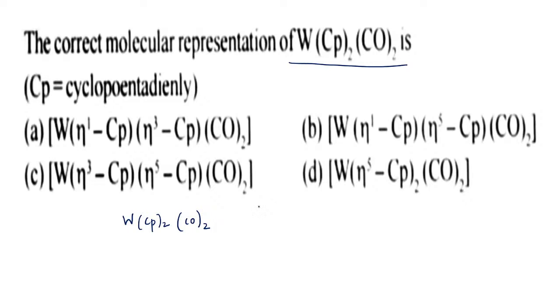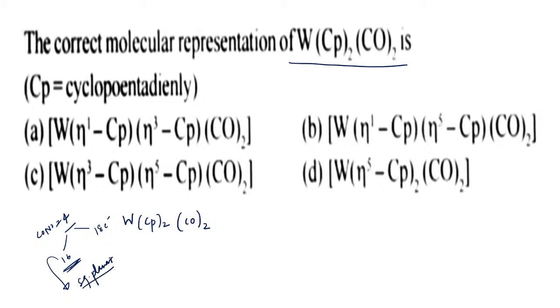First of all, we should know whether this complex is a 16 electron complex or an 18 electron complex. The coordination number is 4 over here, so this can have a 16 electron configuration, or it can have an 18 electron configuration. If it's a 16 electron configuration, the complex should be square planar.